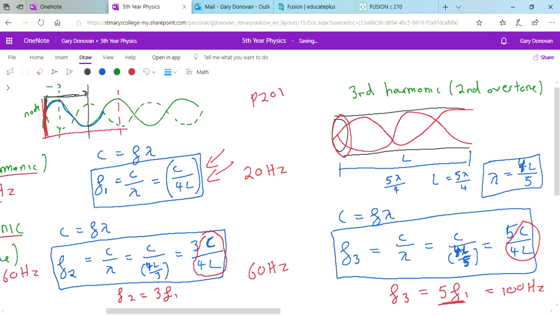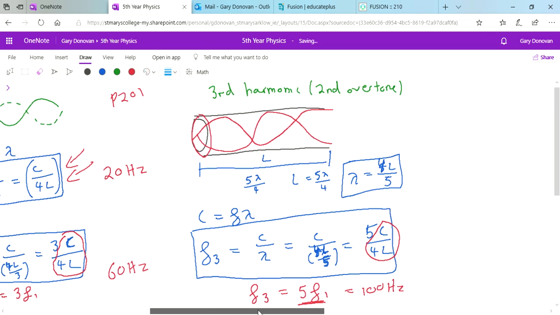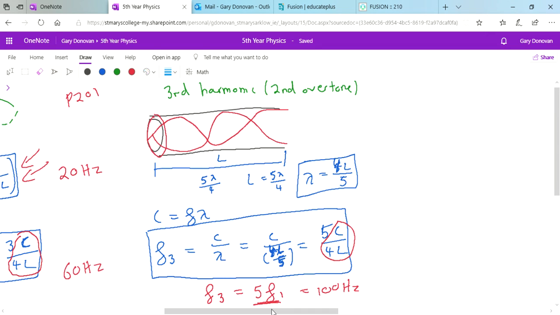So the reason I'm showing you this is that you don't just double the fundamental frequency to get the next harmonic. In this case, our harmonics are odd multiples of the fundamental frequency.